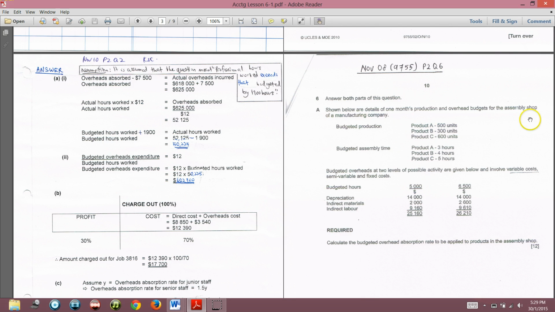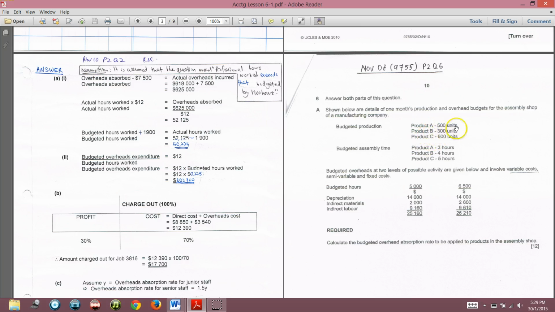So they are saying that shown below are the details of 1 month's production and overhead budget of the assembly shop, that means the assembly department of a manufacturing company. So budgeted production: product A, B, C. Maybe we have different types of TV, or product A may be a TV, product B a computer or whatever.